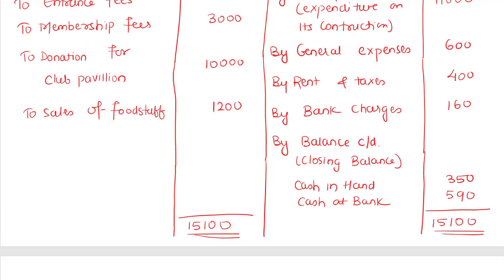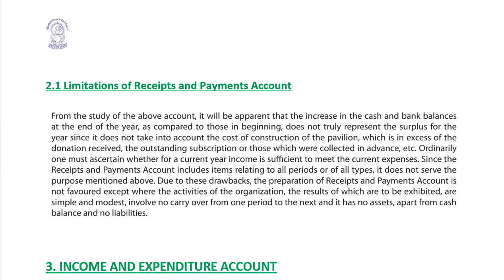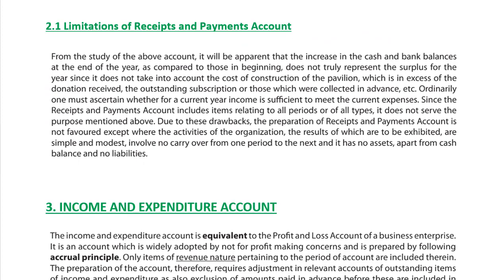Let us continue. Limitations of receipts and payment account. From the study of the above account, it will be apparent that the increase in cash and bank balances at the end of the year as compared to those in the beginning does not truly represent the surplus for the year, since it does not take into account the cost of construction of the pavilion, which is in excess of the donation received.